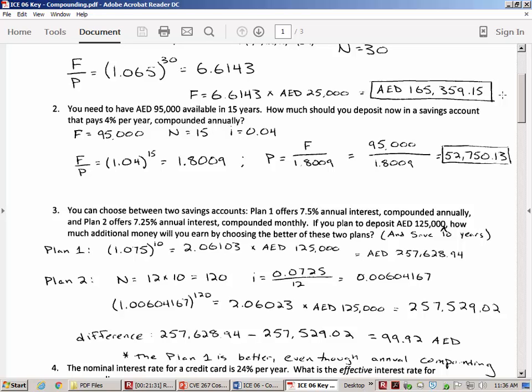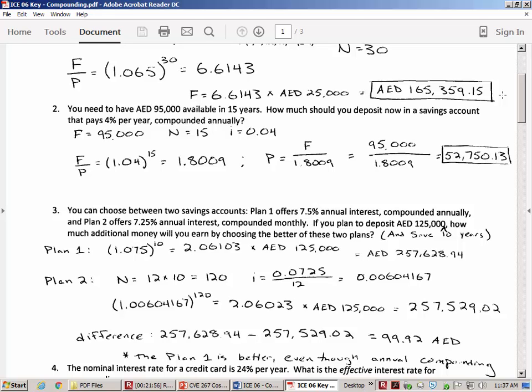Plan 2 is more complicated because it's compounding monthly. So in 10 years, there's going to be 120 months. 12 months per year times 10 years gives us 120. So I find the interest rate per period. If it's 7.25% per year, then I want to find out how much interest is there per month.